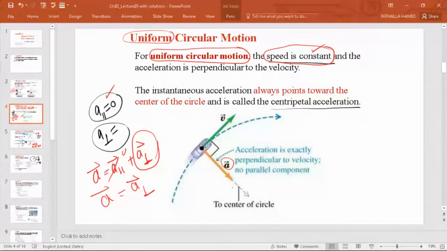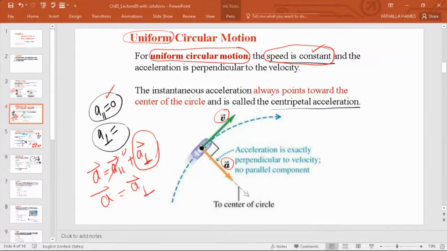You will find out that the angle between your velocity and your acceleration is 90 degrees. So the acceleration and the velocity are perpendicular to each other when you have uniform circular motion.